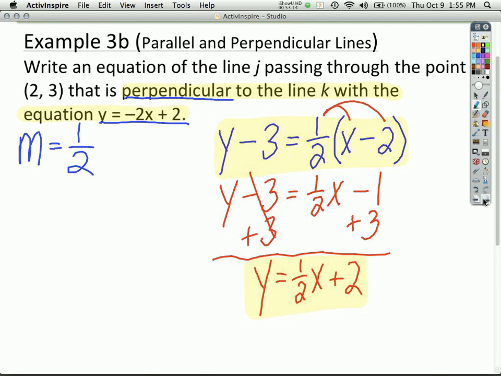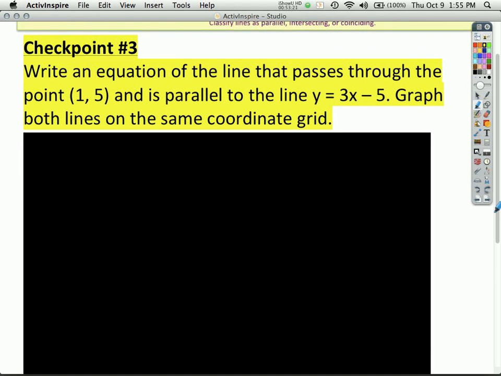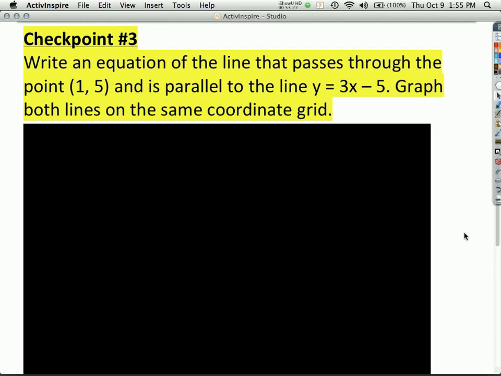Okay. Checkpoint number 3. Now I want to clarify what I mean by the instructions, so let's read this together. Write an equation of the line that passes through the point 1, 5 and is parallel to the line y equals 3x minus 5. Graph both lines in the same coordinate grid.